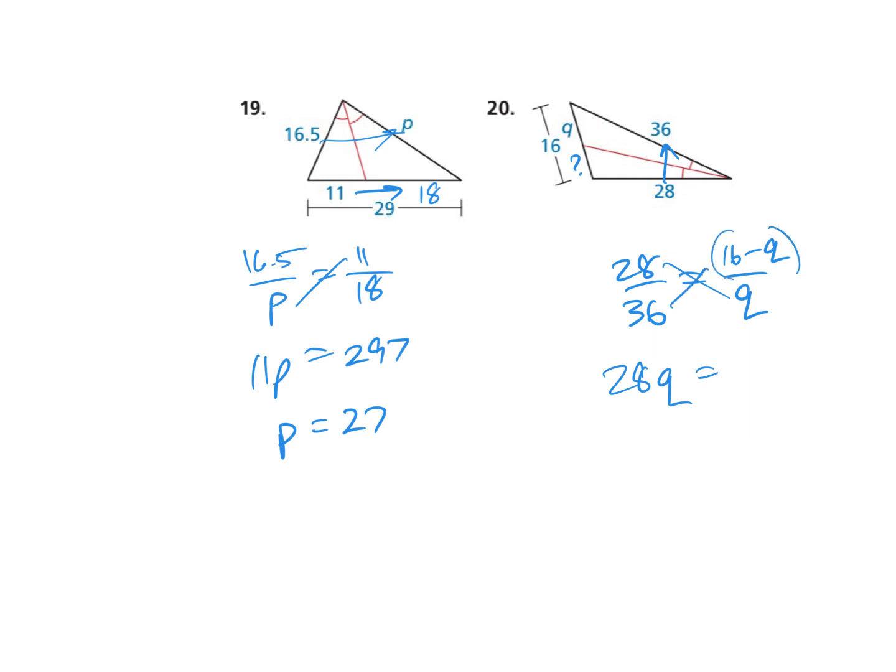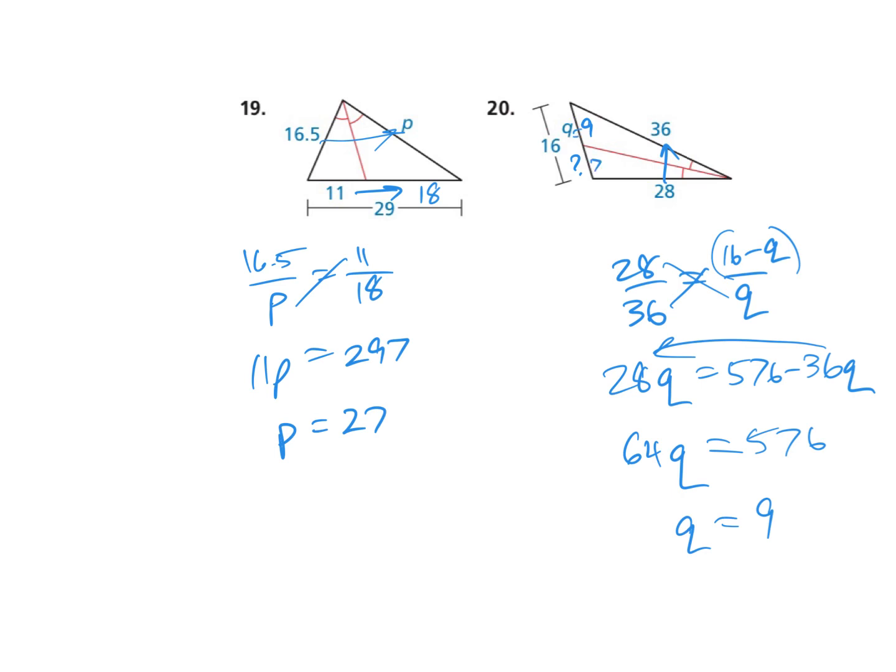So 36 times 16 is 576 minus 36q. So we're going to add 36q to 28q. And that's going to be 64q equals 576. So 576 divided by 64 gives us 9 for q. So q is 9, which is what we were wanting. The other one must have been 7 to make it 16.